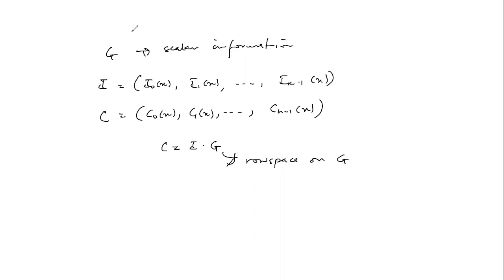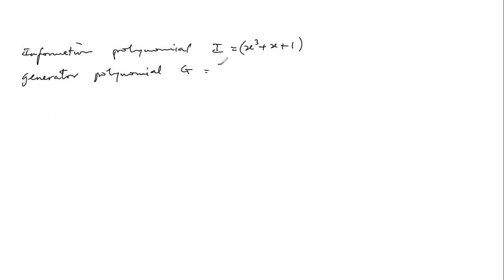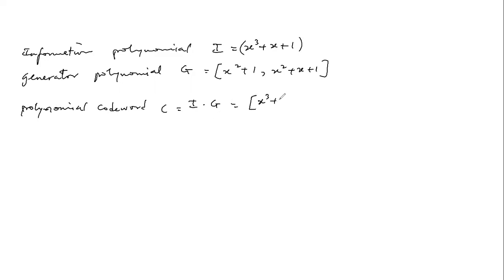So if we are given the information polynomial, for instance, say I being x cubed plus x plus 1, and then we are given the generator polynomial, so G being x squared plus 1, comma, x squared plus x plus 1, then the polynomial code word C would be the multiplication of the information polynomial and the generator polynomial, which is x cubed plus x plus 1 times x squared plus 1, comma, x squared plus x plus 1.